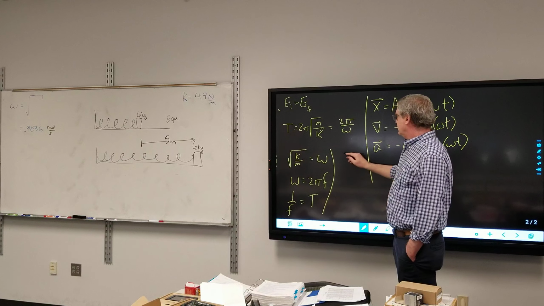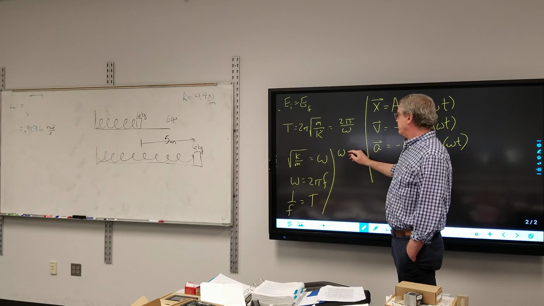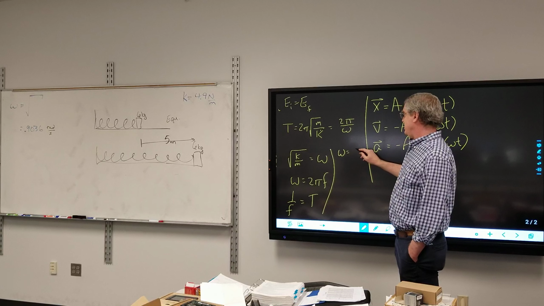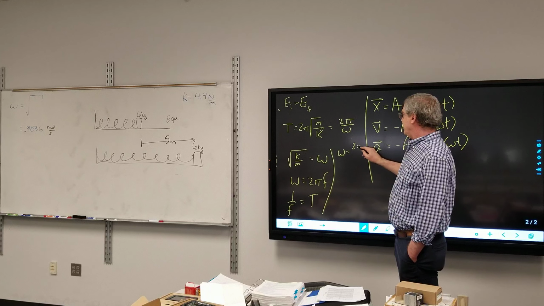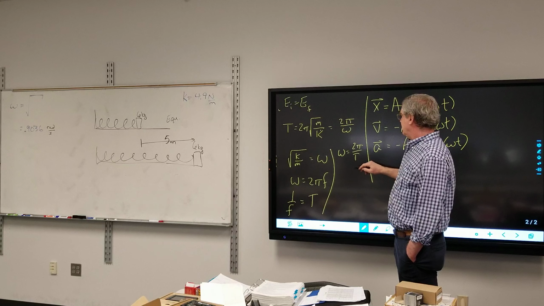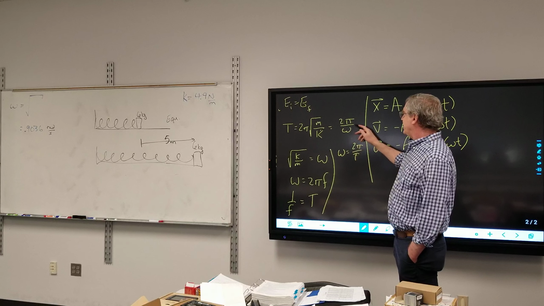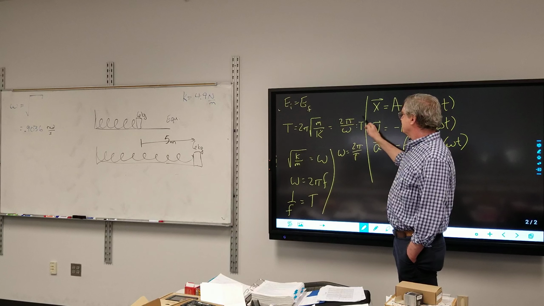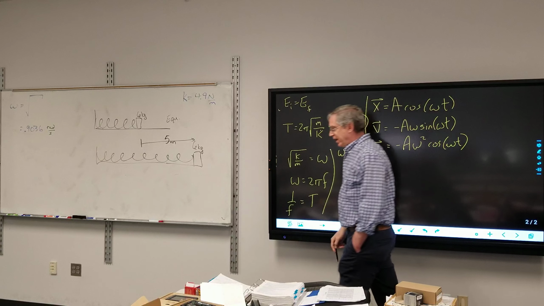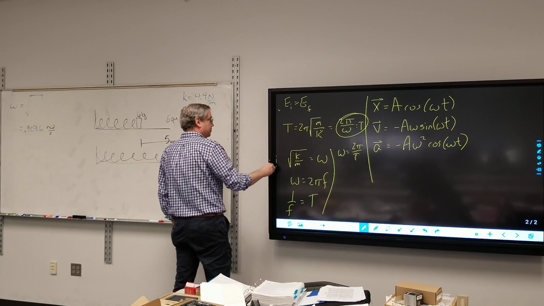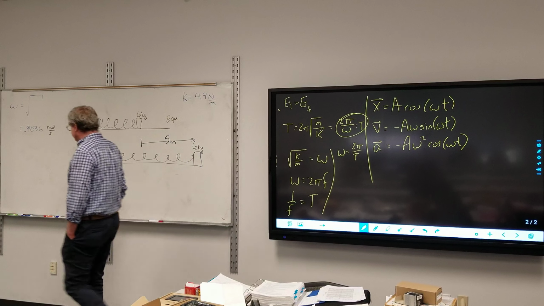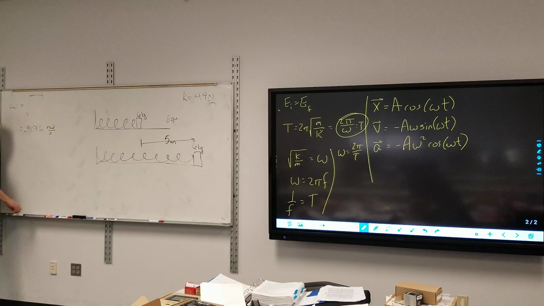Or, something that might look familiar for those who have had or are taking trig, omega is 2 pi divided by the period. If you've had trig or are taking it, it'll look somewhat familiar. All right, so we know what omega is.